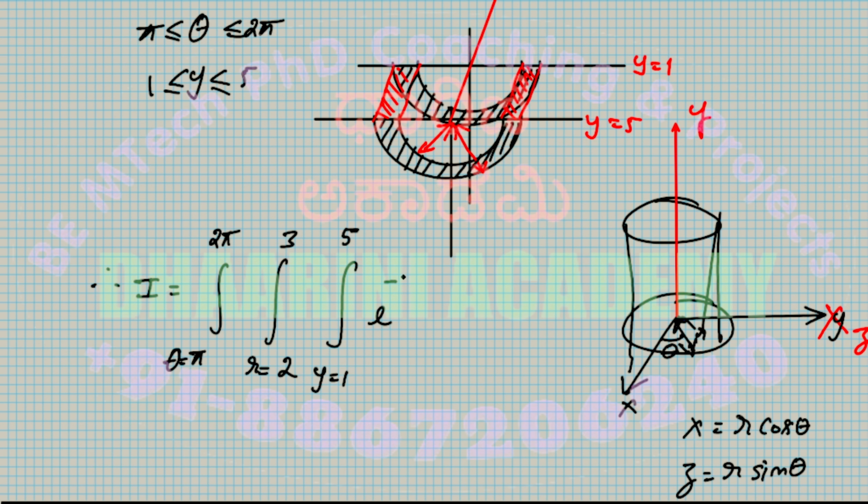Minus of x square plus z square is minus r square. I need to multiply by r, because that's the Jacobian. First I'm doing dy, then dr, then d theta.